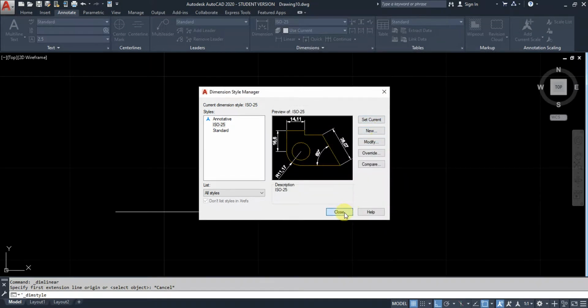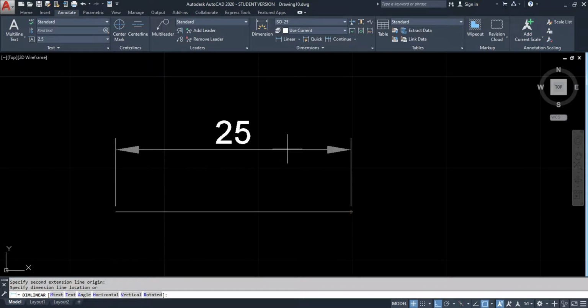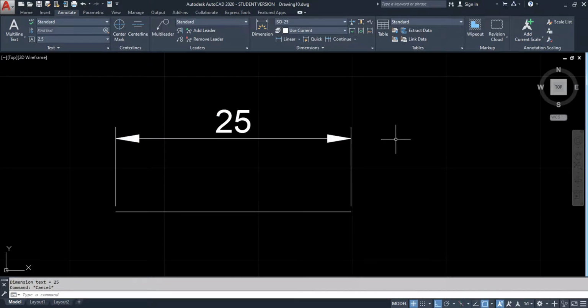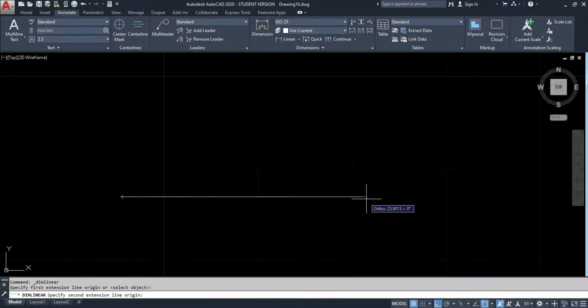Okay, 25. So if you give a precision, for example 25.3698, we get the output like that only.